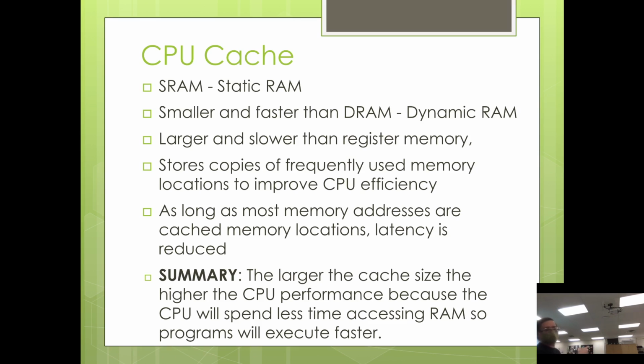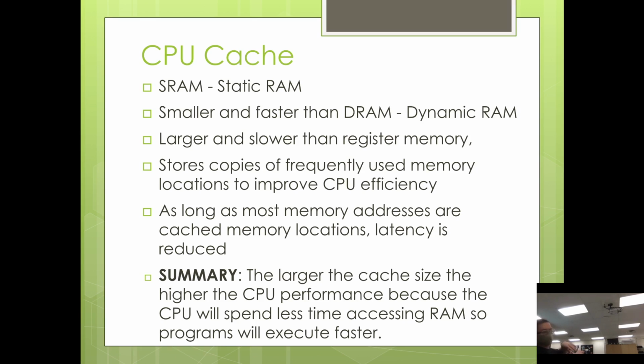Again, because it's physically co-located on the silicon, we don't have to go across the motherboard to get some data. So the most frequently used data, the processor will actually store in what's called the CPU cache. And only when it's not needed there anymore is it going to get written to the RAM.